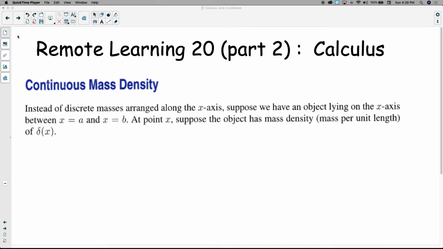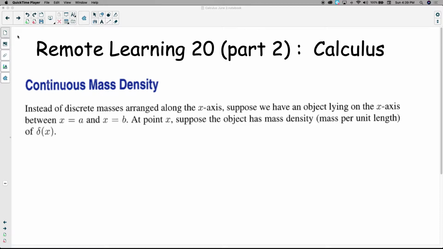So this is the idea that instead of having a bunch of point masses or discrete masses along the x-axis, we're going to have some sort of object lying on the x-axis. And this object is going to have variable densities. So it's not uniformly dense.